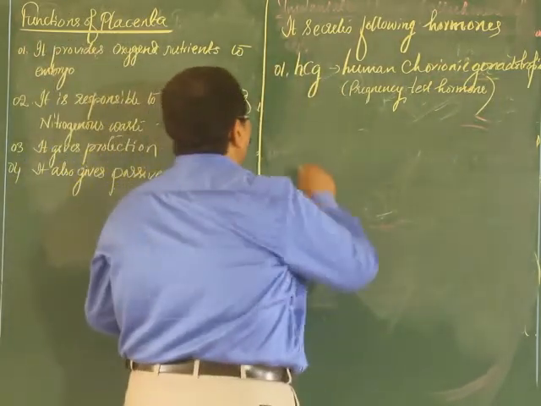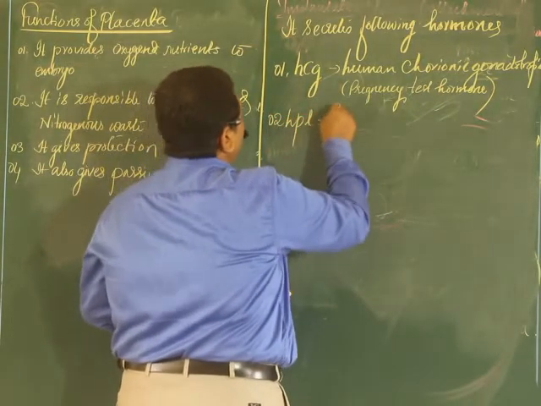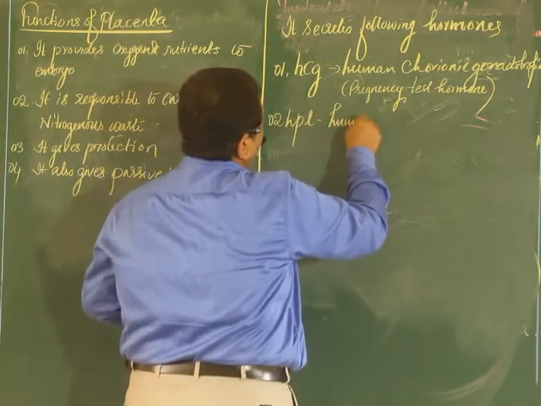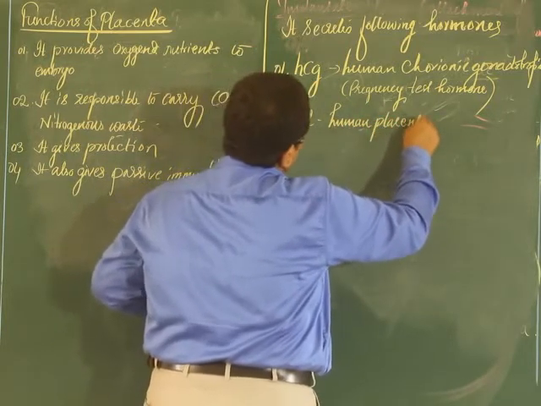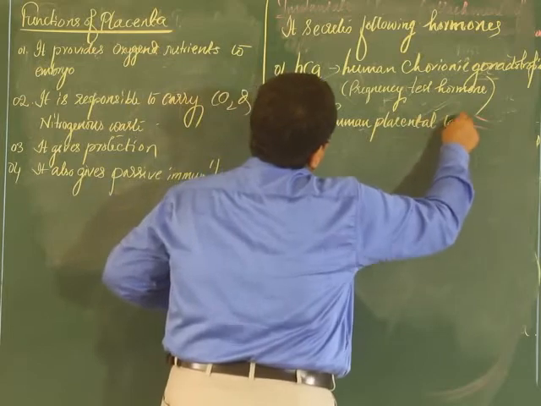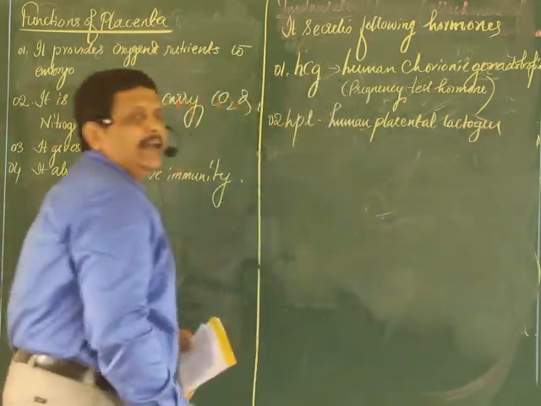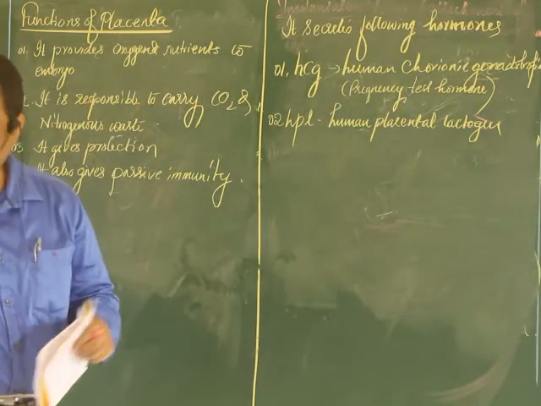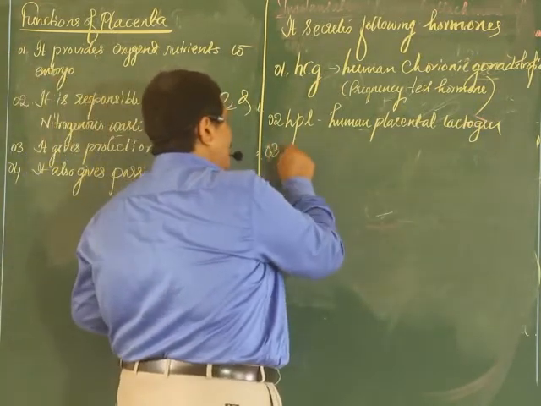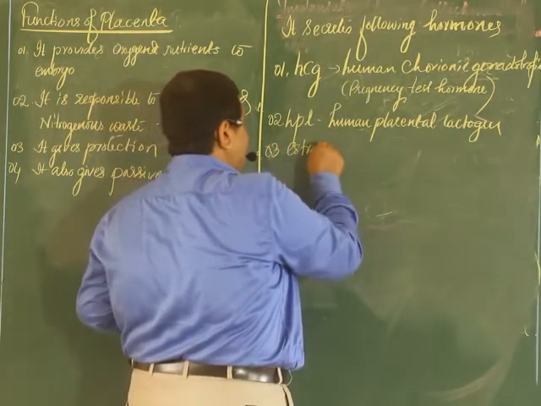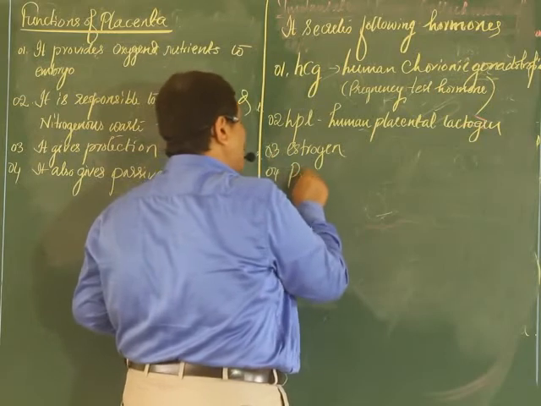Second one, HPL, human placental lactogen. Then it also secretes estrogen and progesterone, which prevents abortion.